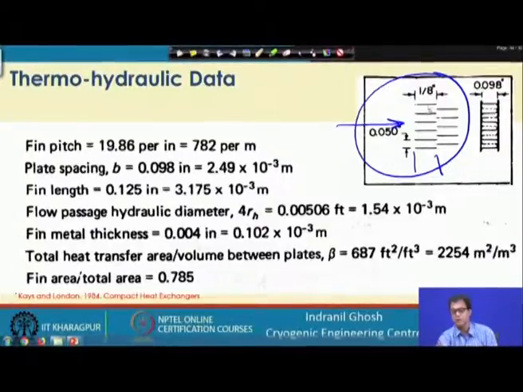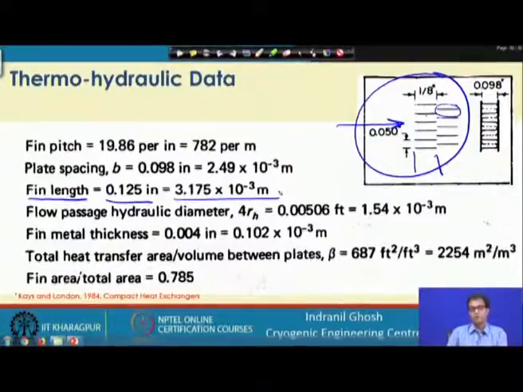Here you can see from the top view that between this fin there is another fin in between, so it is getting offset. This lance length or fin length is equal to 0.125 or 1/8 of an inch. In terms of meter, this is 3.175 into 10 to the power minus 3 meter.